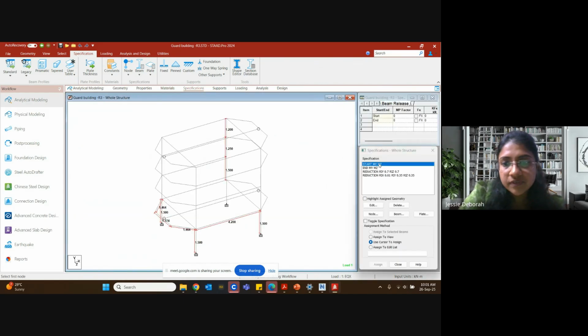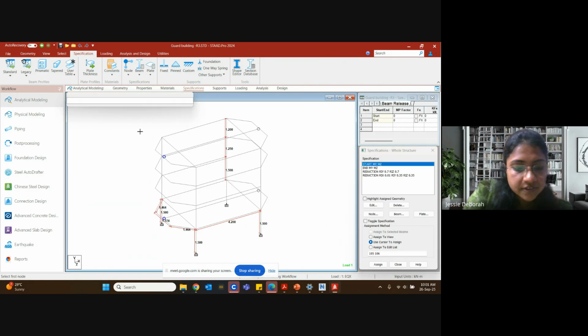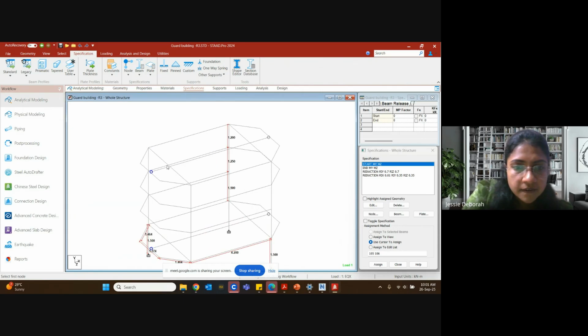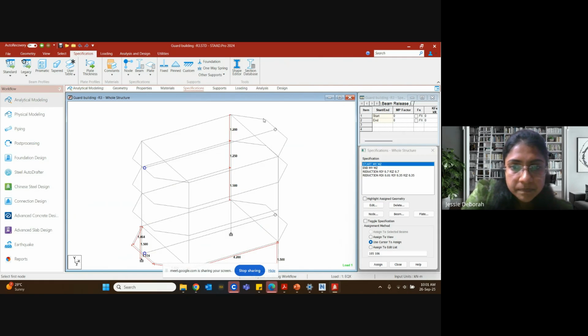Now we will give, why are we releasing here, like I told you in the previous class itself. See, this is a beam.